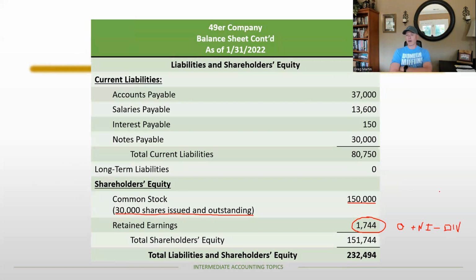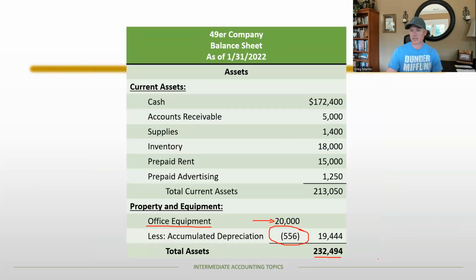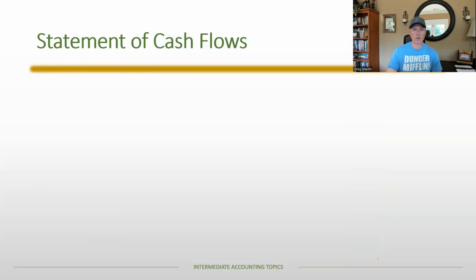The 0 is our beginning balance. Now in February, our beginning balance wouldn't be 0, it would be 1,744. We just accumulate that balance in our retained earnings account, and everything balances out because our total liabilities and equity and our total assets are exactly the same, 232,494.